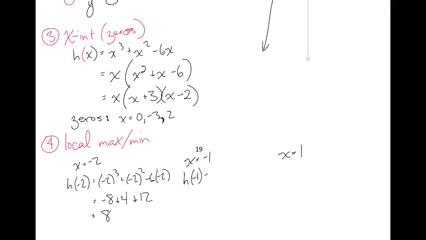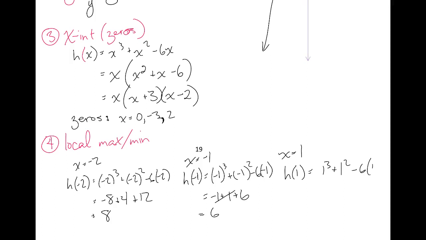Each of -1 would be -1 cubed plus -1 squared minus 6 times -1, which would be -1 plus 1 plus 6, which is 6, and 1 cubed plus 1 squared minus 6 times 1 would be 2 minus 6, which is -4.